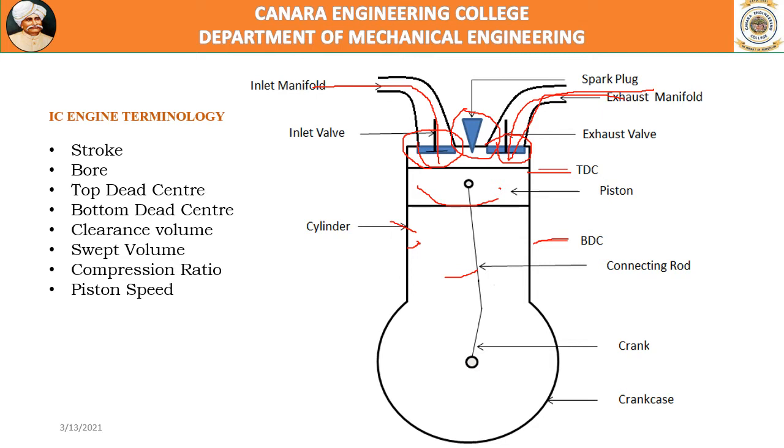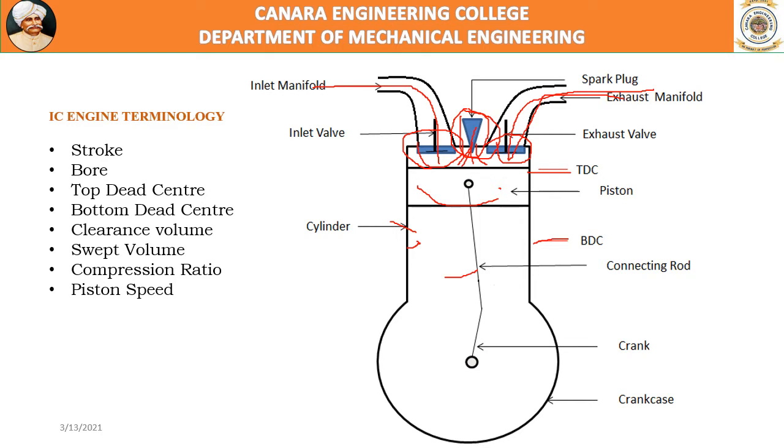In a petrol engine, this spark plug provides the required spark at the end of compression, when the air-fuel mixture is compressed to high temperature and pressure. The spark plug creates a spark, and it initiates the combustion of the fuel.